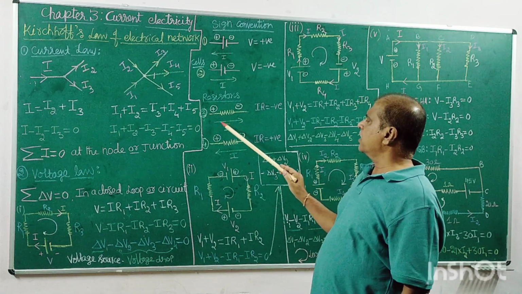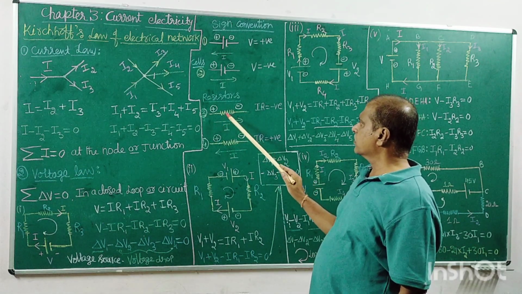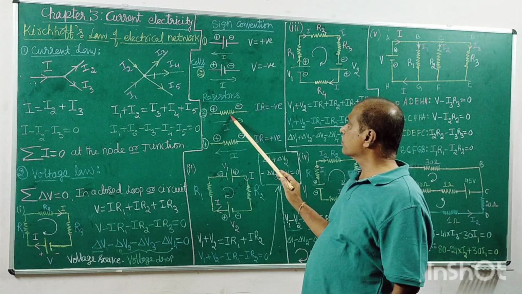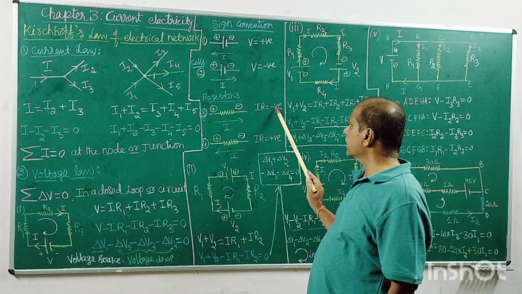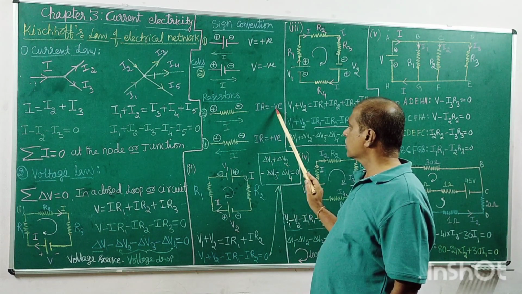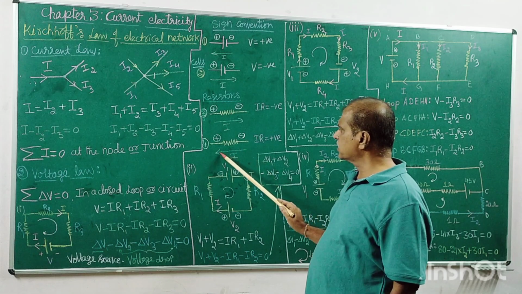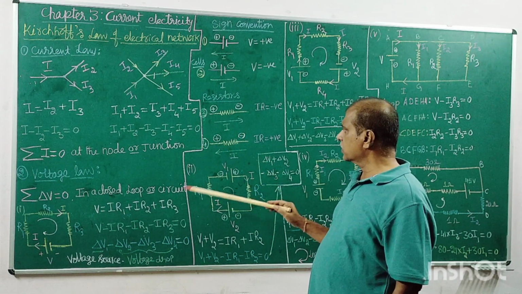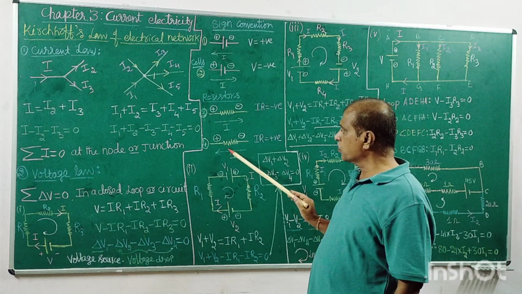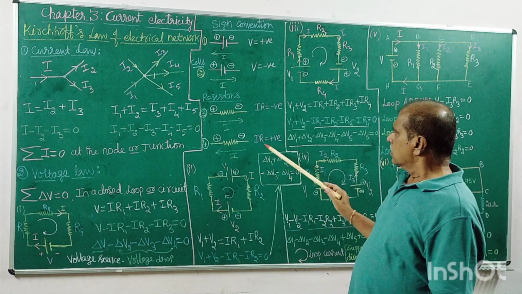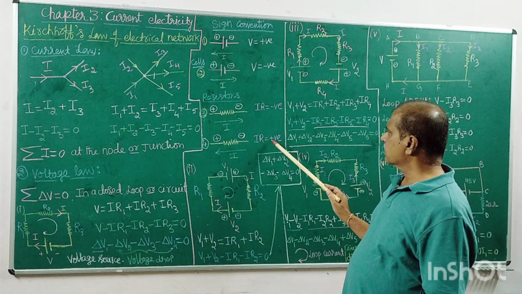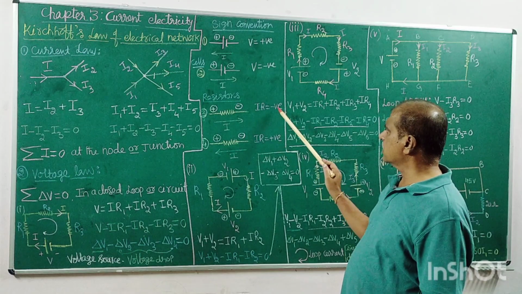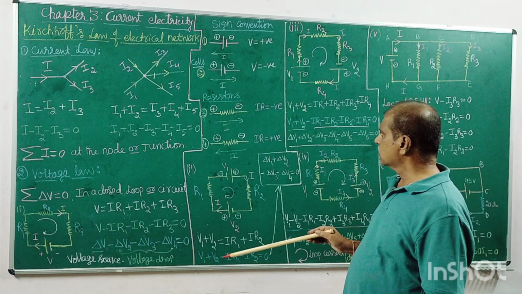If the current flows in this direction, from positive to negative, the potential drop is negative. If the current flows in the opposite direction, from negative to positive, against the loop current direction, the voltage drop takes positive. Remember this sign convention. This sign convention is important.